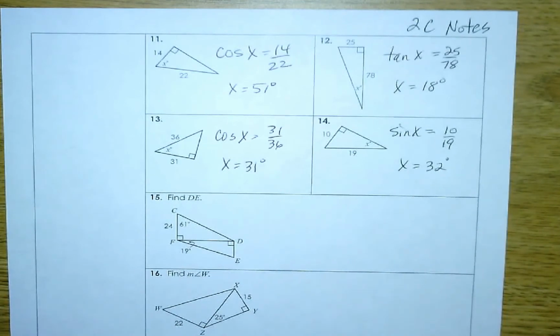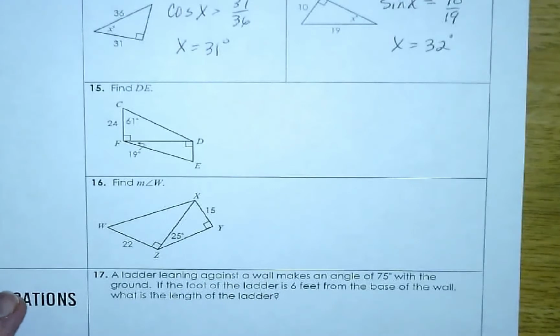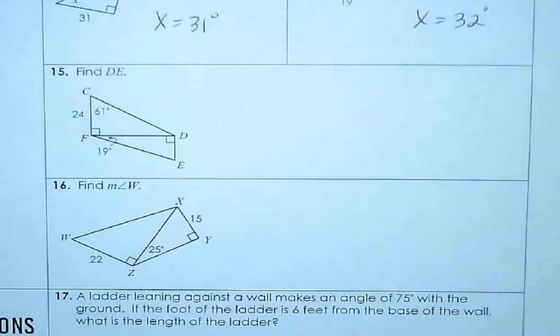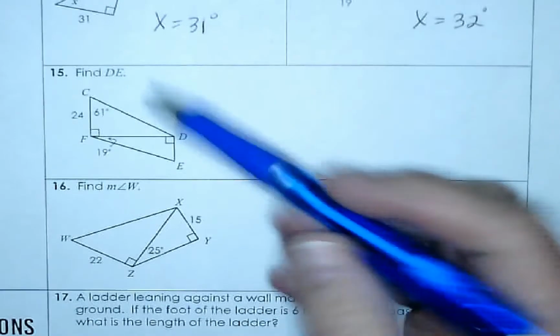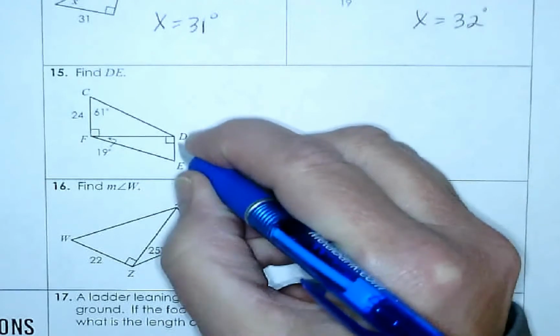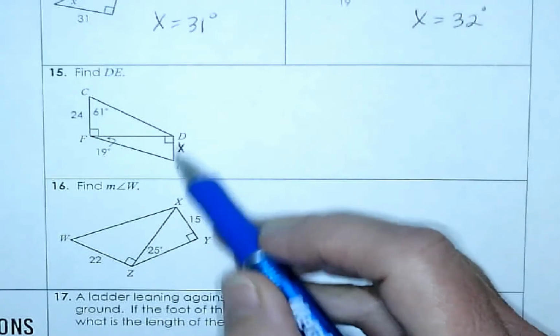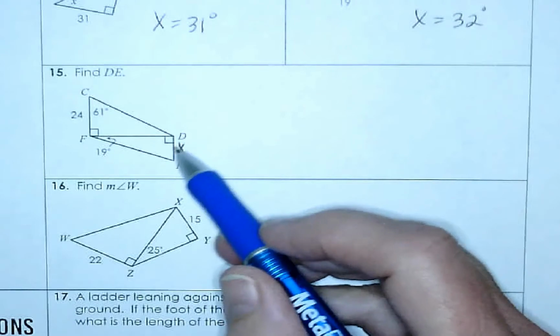So hopefully you see a lot of the comparison between missing side and missing angle and what you need to do. Let's go down here to number 15 and let's see how that problem is going to work out. So they want me to find DE. Okay, so DE, I'm just going to label that one X. That's a side of the triangle, so keep that in mind.